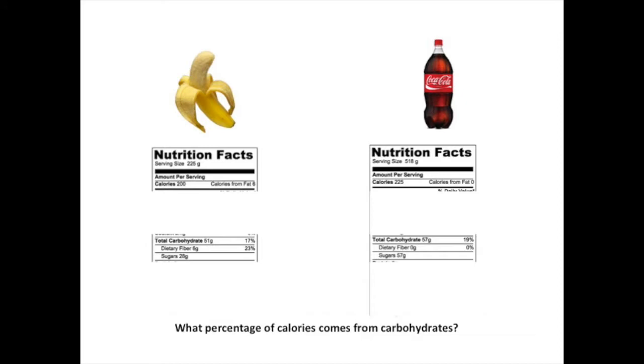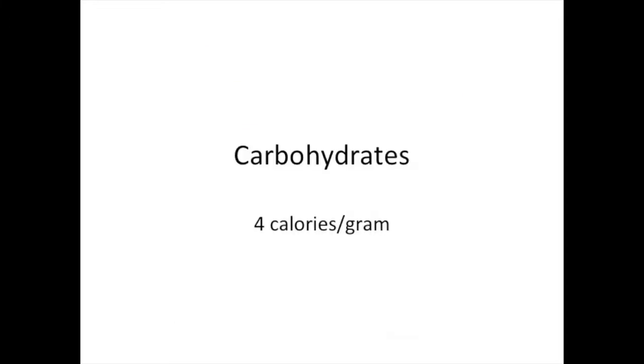Now let's look at other information from a food label. What percentage of calories comes from carbohydrates in each food? Be careful. The percentages listed on the right of the label are related to the overall diet. We'll talk about these in class, but to figure out what percentage of calories comes from carbohydrates in each food, we need to do some math. Carbohydrates are 4 calories per gram.